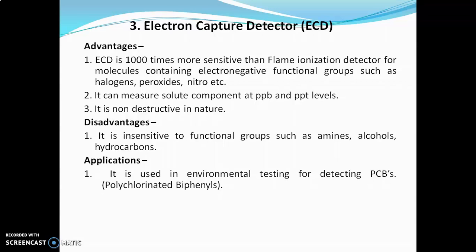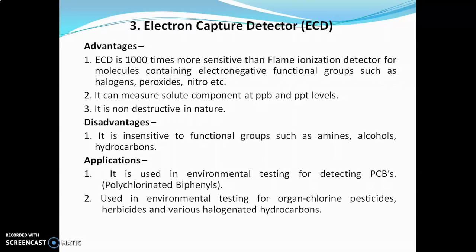So electron capture detector is used in environmental testing. It is used in environmental testing for organochlorine pesticides, herbicides and various halogenated hydrocarbons. So electron capture detector is a very important detector in case of environmental samples.